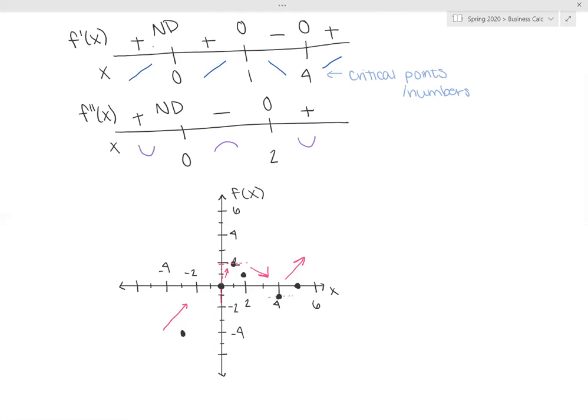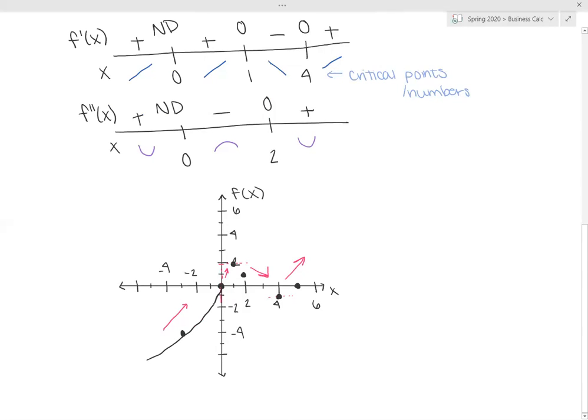So we are concave up, so we're going to have something kind of like this, and then we're going to go vertical. Let me redraw that so it's not quite so messy.